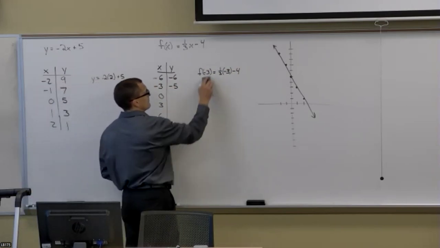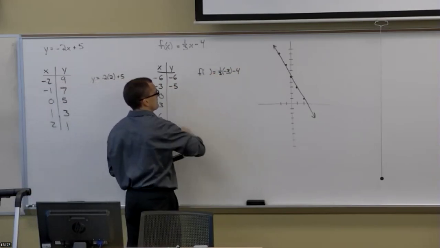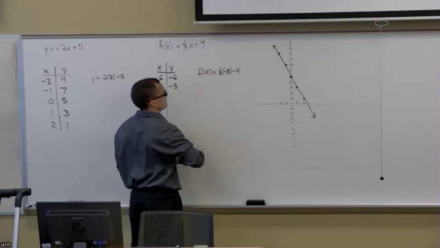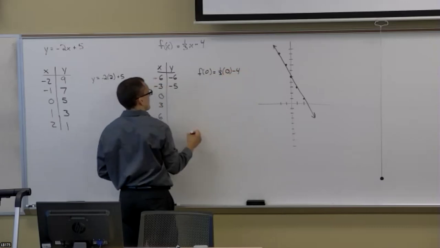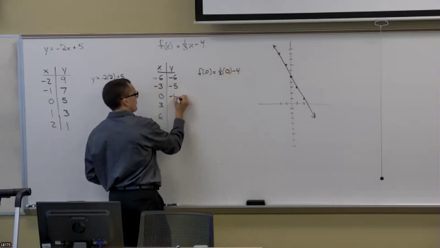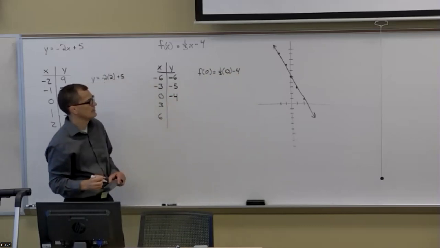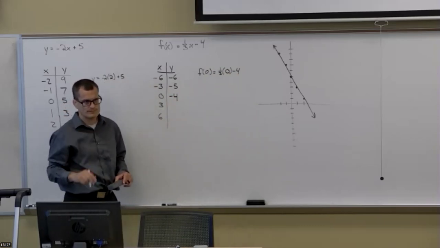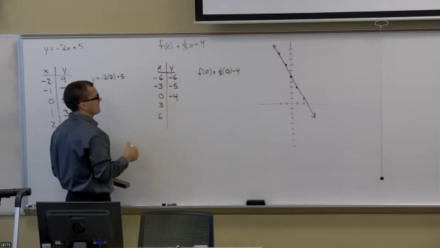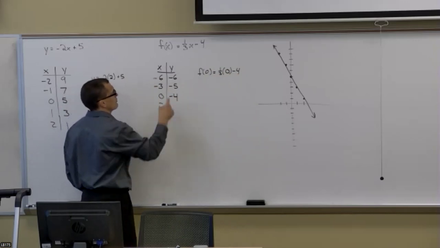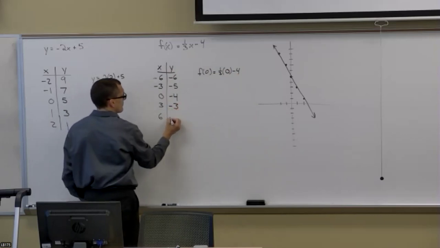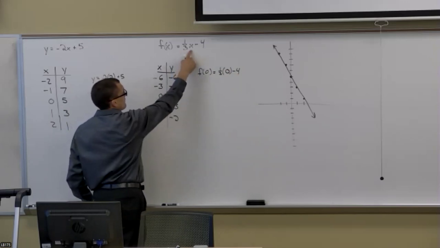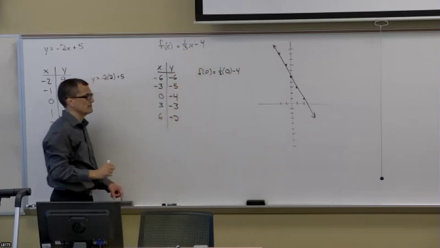If I plug in 0 into this function, I end up with a -4. It turns out if I plug in 3 into that function, 1/3 times 3 minus 4 is a -3. And if I plug in 6, I get 1/3 times 6 minus 4, which becomes a -2.